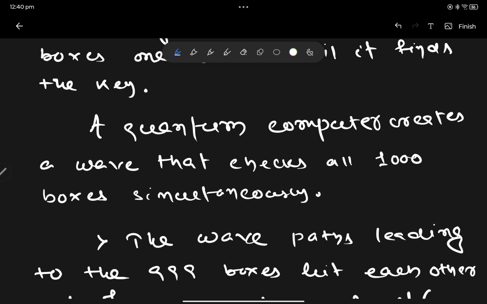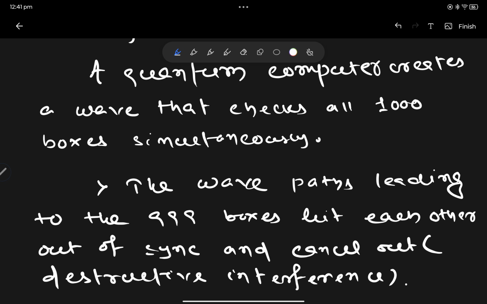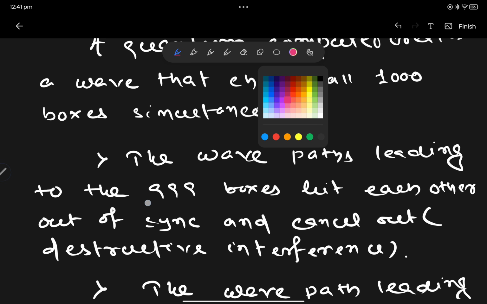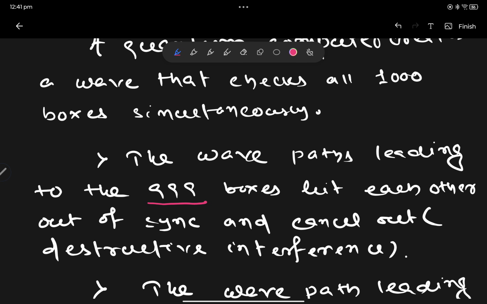A quantum computer creates a web that checks all 1000 boxes simultaneously. The web paths leading to the 999 boxes. This is 999, to the 999 boxes.